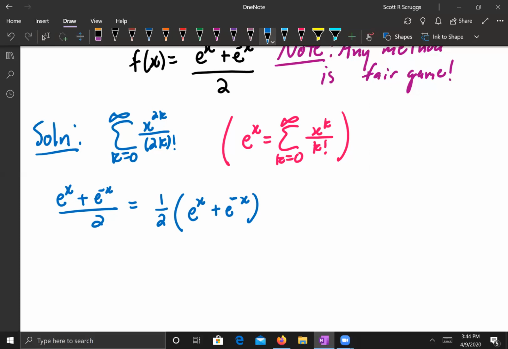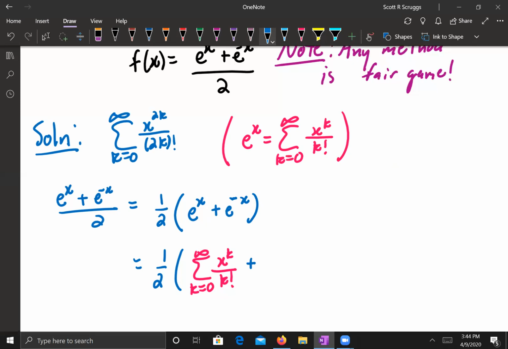Since I know the Maclaurin series of e to the x, I can go ahead and replace that with this Maclaurin series. And I'm going to replace e to the negative x with this next Maclaurin series.